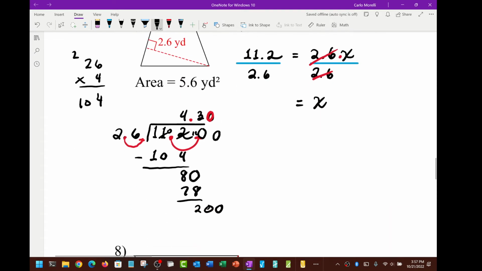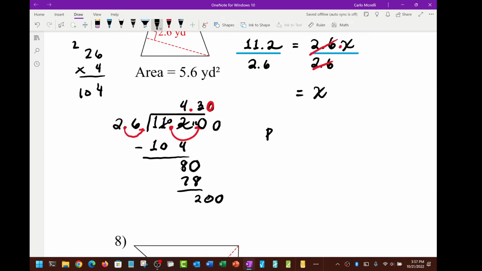What are we going to say? Base equals. And we should not use that symbol. We should properly use the base approximately equals 4.3 yards.